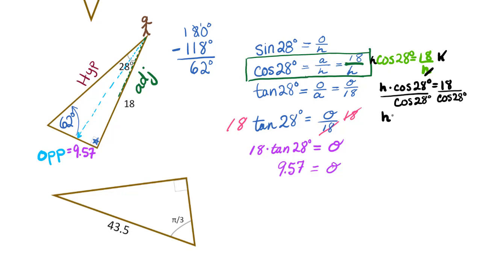That will give me h isolated on the left side, and I can cross out the cosine of 28, and I get h is equal to 18 divided by the cosine of 28 degrees, which will give me the actual value of the length of the hypotenuse.